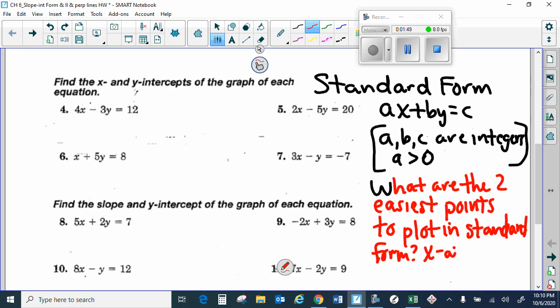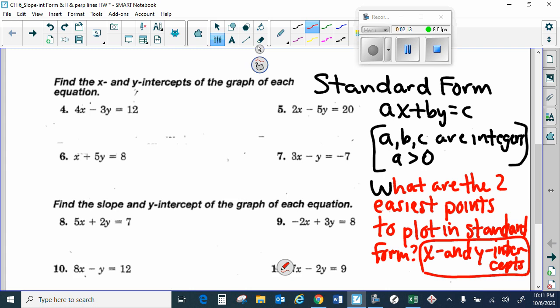X and Y intercepts. Okay. So you should have had that question asked to you many a times by your Algebra 1 and Algebra 2 teachers. Okay. So X and Y intercepts.